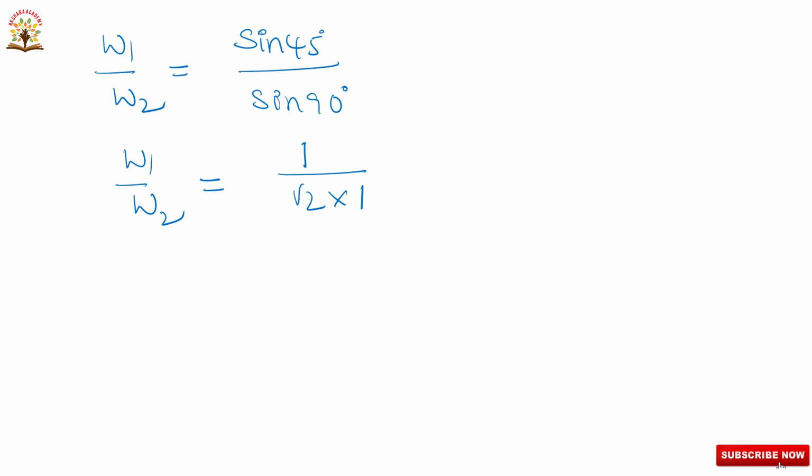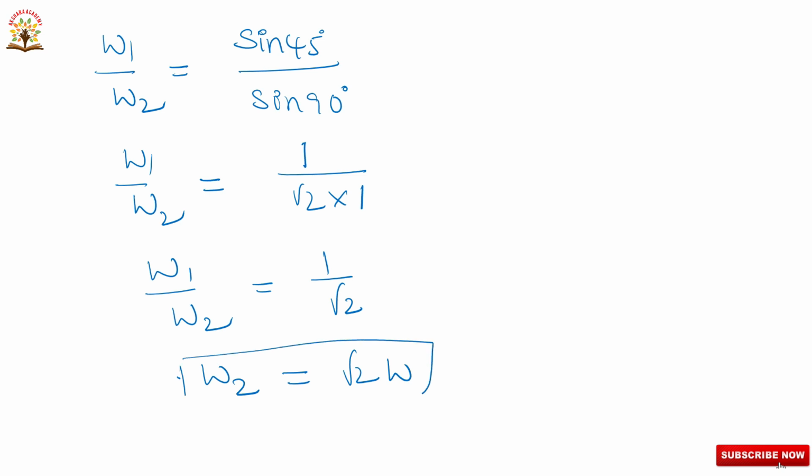So W1 by W2 is equal to 1 by root 2. By taking cross multiplication, W2 is equal to root 2 into W. This is the work done. Therefore, W2 is equal to root 2 into W.